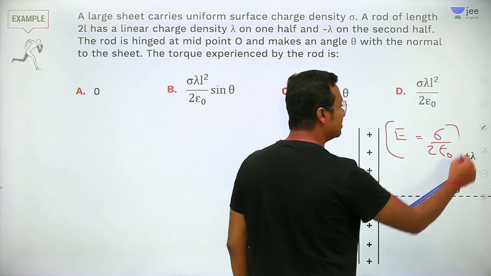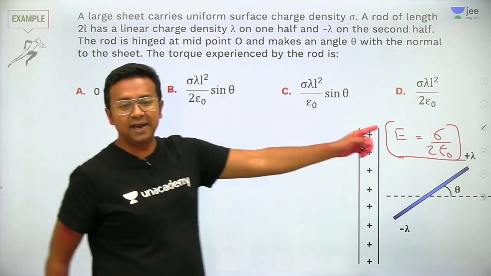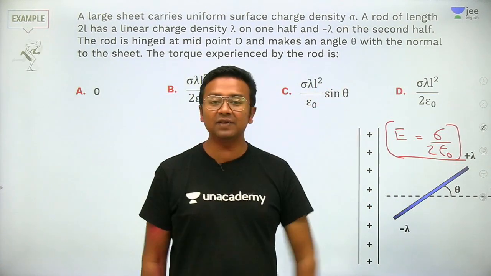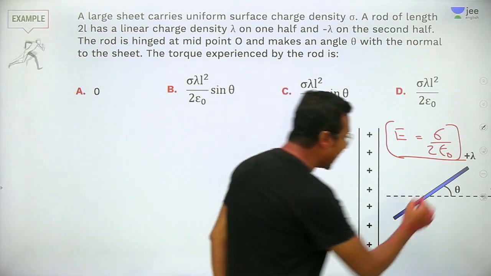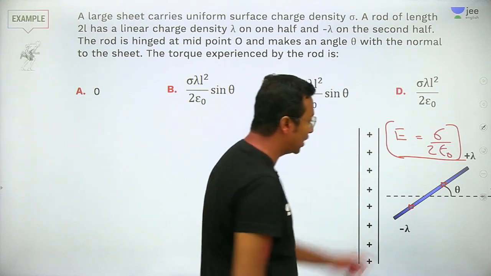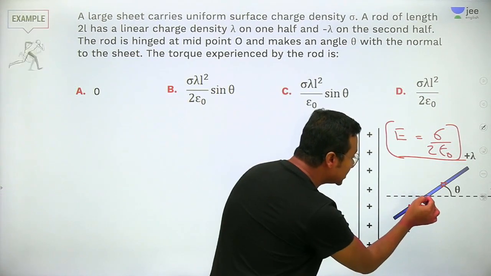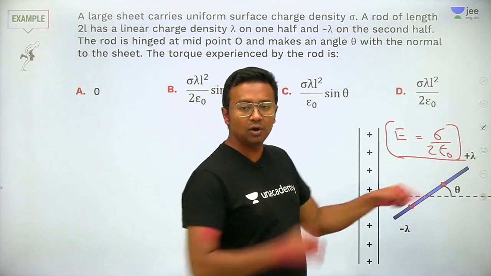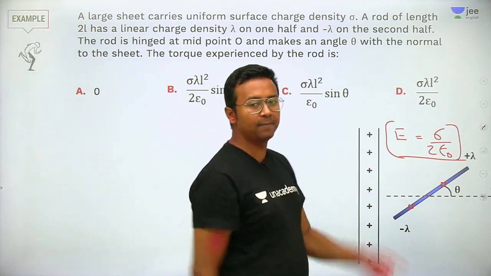Life becomes a little simple because the electric field is independent of the distance. So whatever force is acting at this point, similar force will be acting at this point, which will be equidistant from this central point out here. So net force will be equal to 0 and it will only keep on rotating.